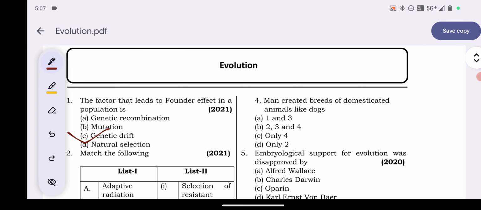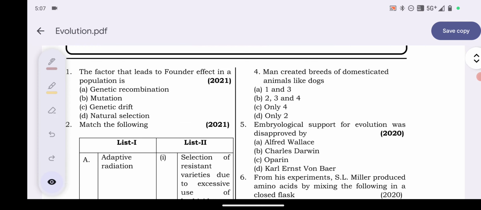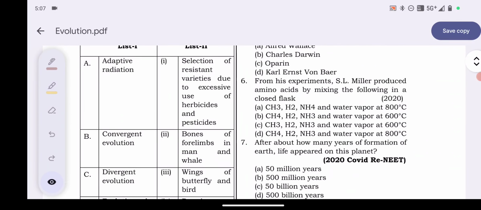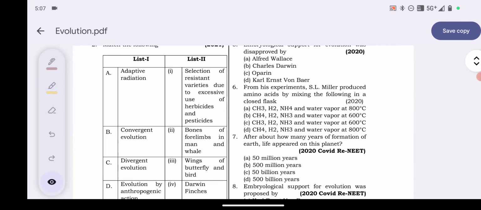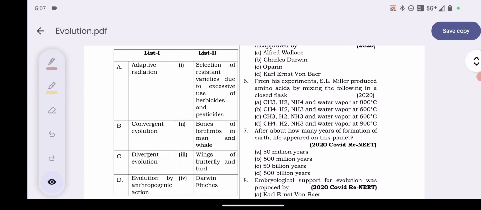Okay. Second question, matching. Match the following: adaptive radiation, convergent evolution, divergent evolution, evolution by anthropogenic actions.